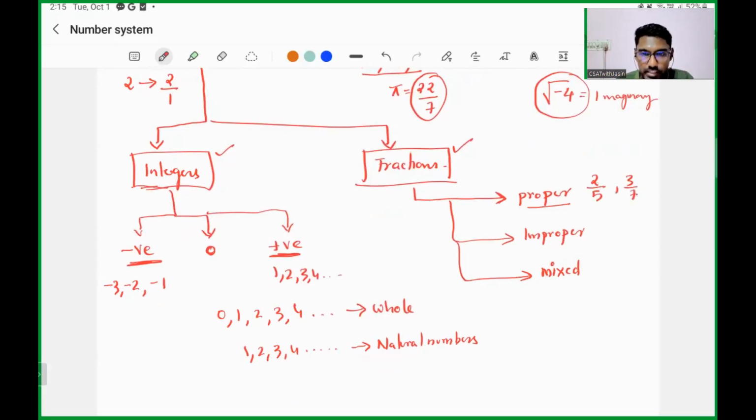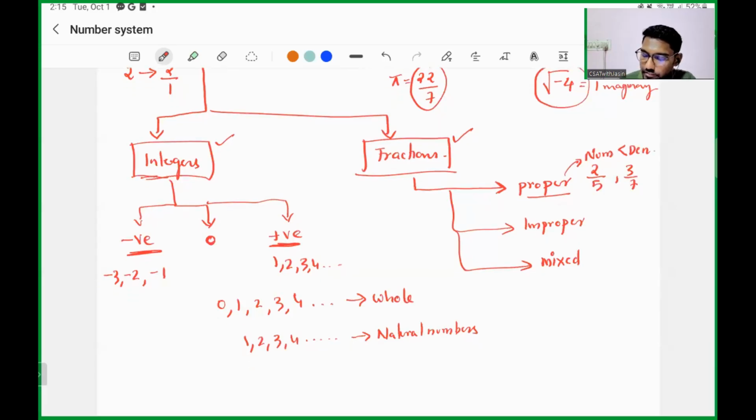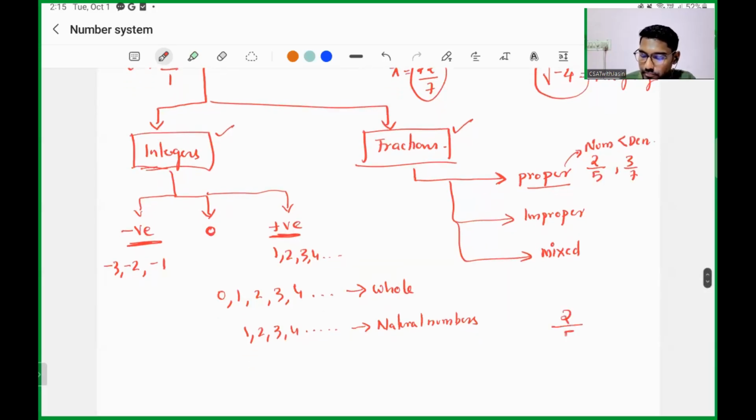These are all proper fractions because here the numerator is less than the denominator. If you write a fraction like 2 by 5, then 2, which is on the top, is known as the numerator, and which is at the bottom is called the denominator, right? So if the numerator is less than the denominator, it is called a proper fraction.